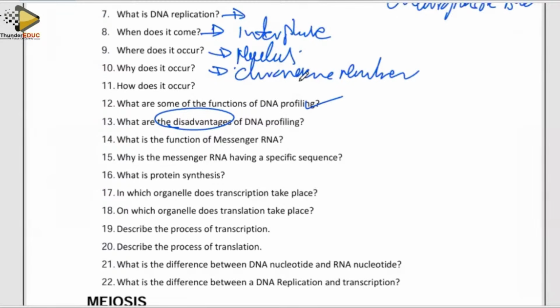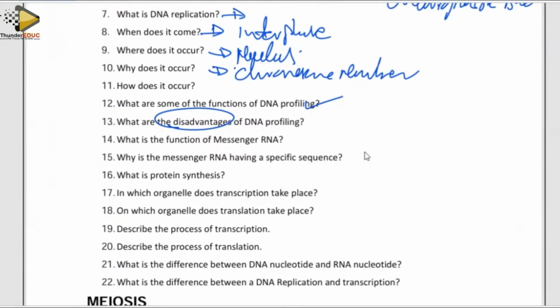What is the function of messenger RNA? It carries coded information from DNA to the cytoplasm so that a protein can be formed. So it basically carries coded information from DNA, that is from the nucleus, to the cytoplasm, so that a protein can be formed. Why does messenger RNA have a specific sequence?